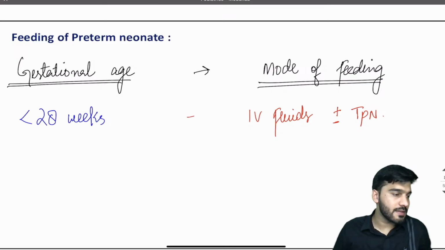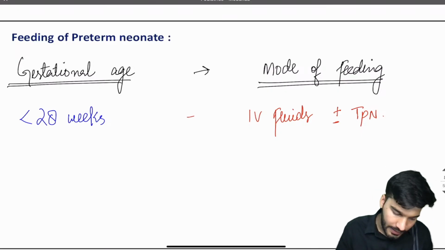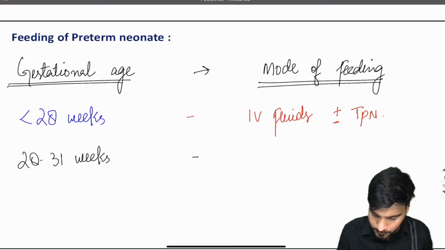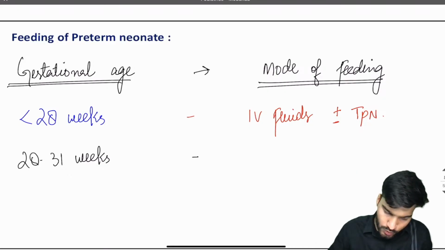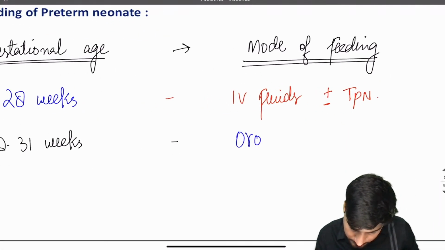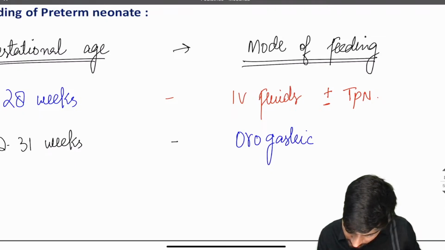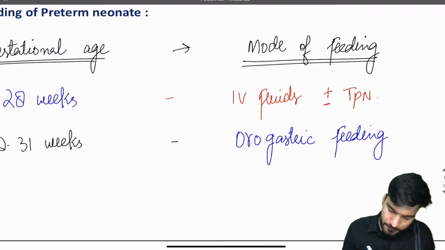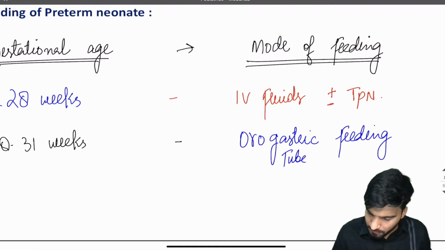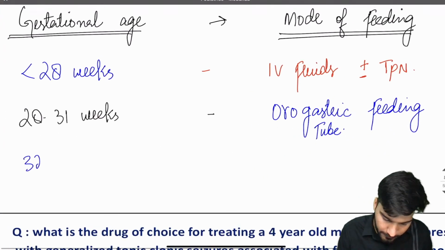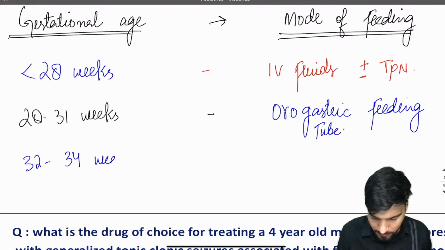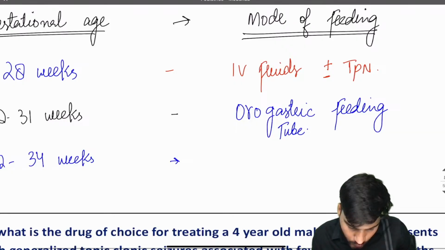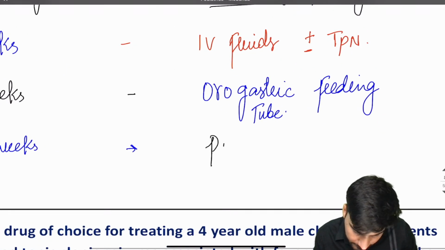If 28 to 31 weeks, we'll use orogastric tube feeding. If it is 32 to 34 weeks, it is Katori spoon or Paladai feeding.